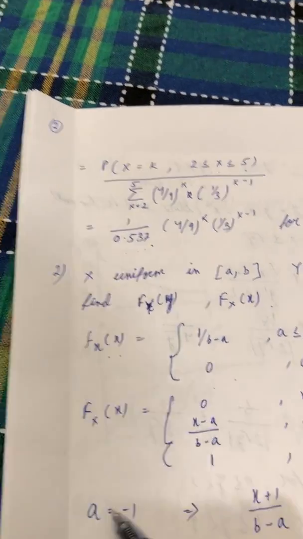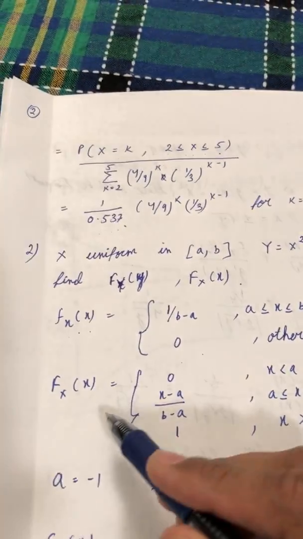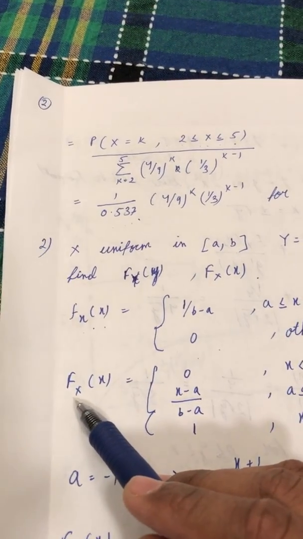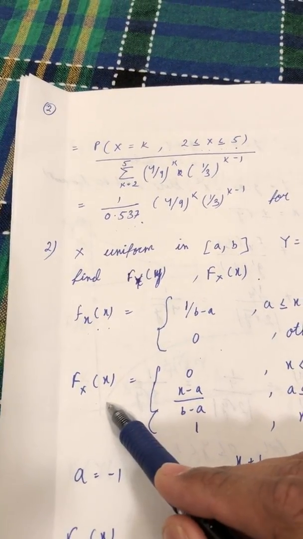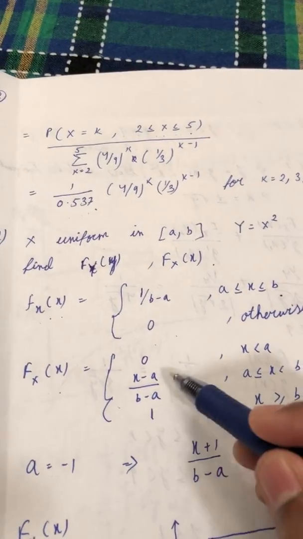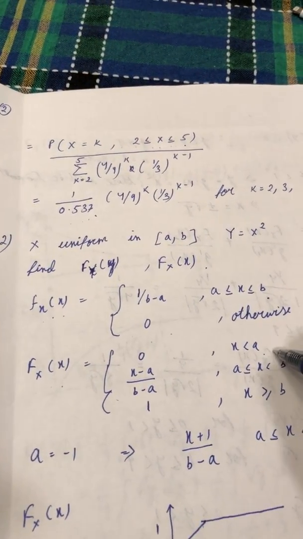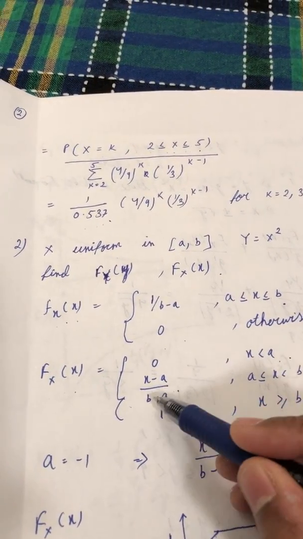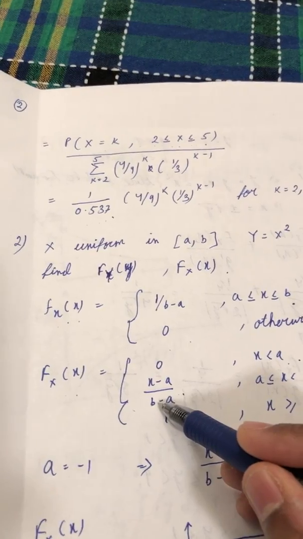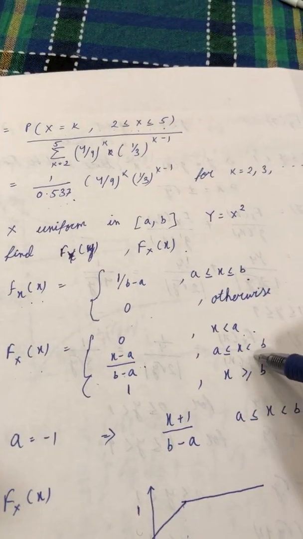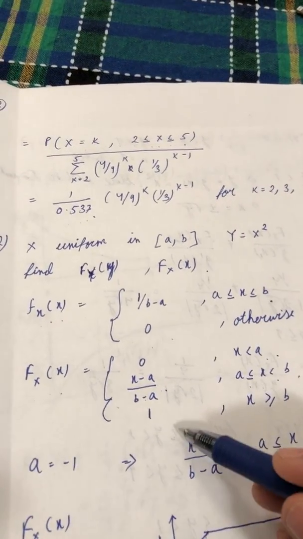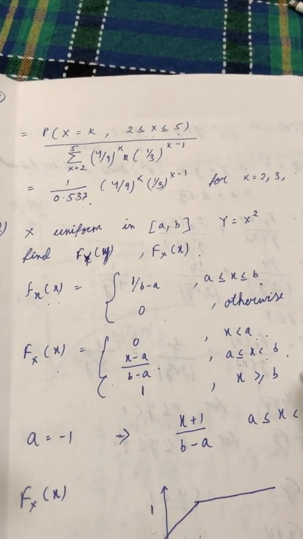So the distribution function of X will be 0 when x is less than a, (x minus a) divided by (b minus a) when x is between a and b, and 1 when x is greater than or equal to b.